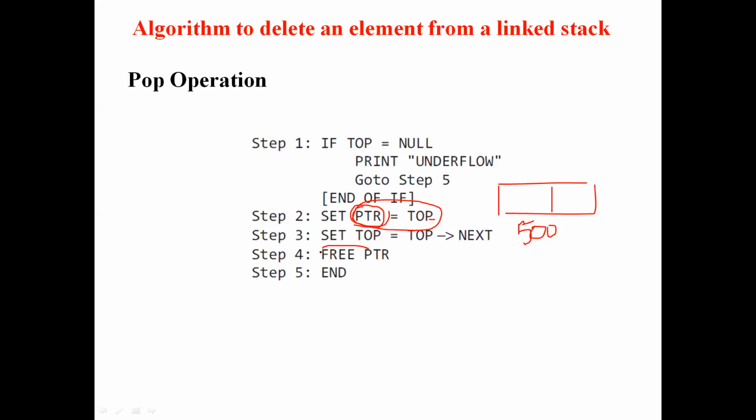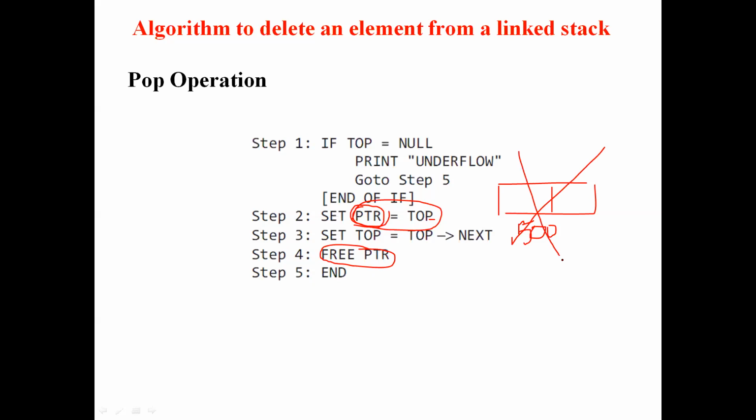Then at last we are deleting with free pointer. It means that this node is deleted. We are deallocating the memory. I am passing the top value to the pointer. That's it. Keep in mind that top remains the same value only, 500.